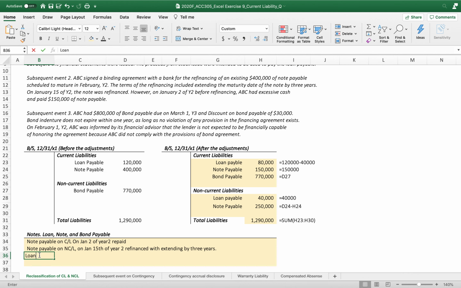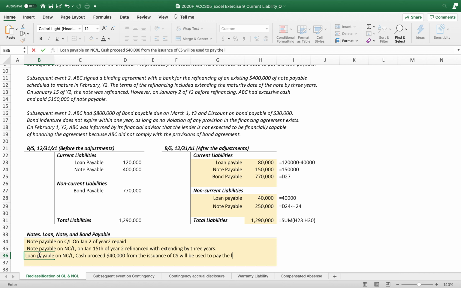Then what about the loan payable? For the loan payable in the non-current liability section, the cash proceeds of $40,000 from the issuance of common stock will be used to pay the loan payable.